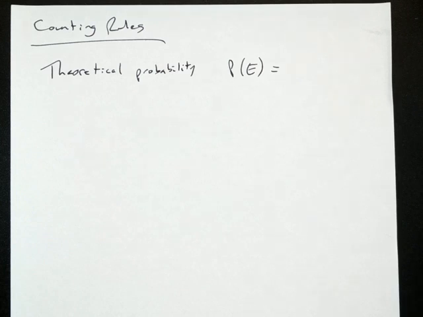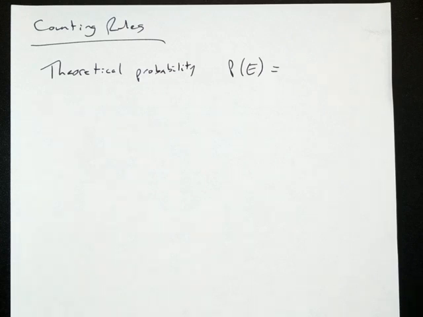We had three kinds of probability. We had empirical, we had theoretical, and we had subjective. The formula for theoretical. What was it? Aha!